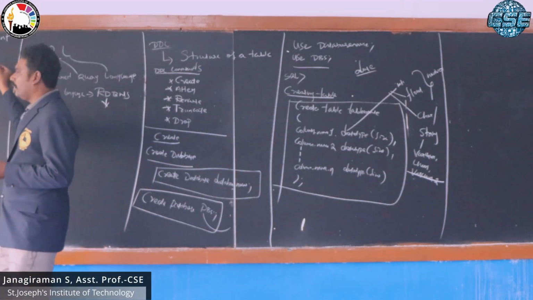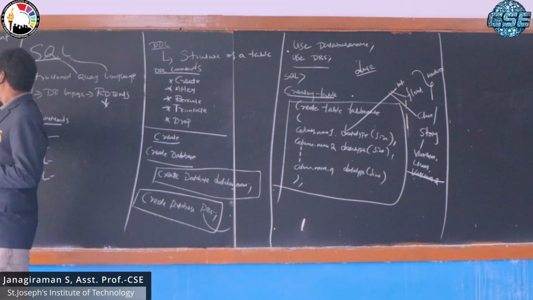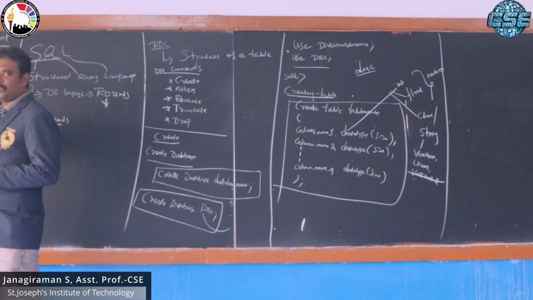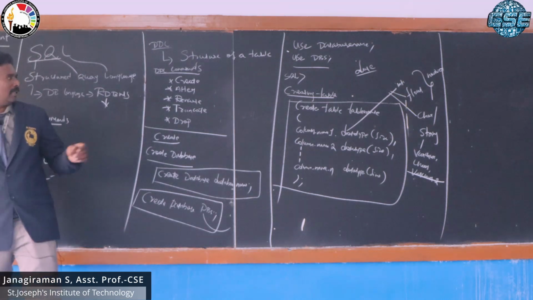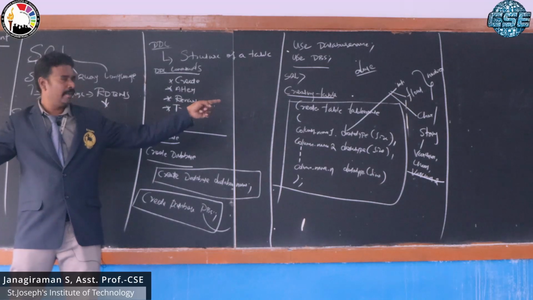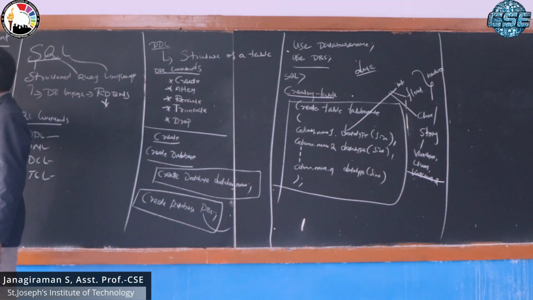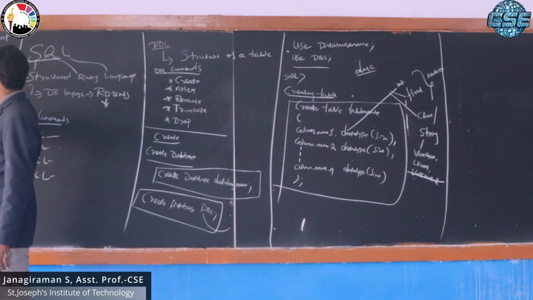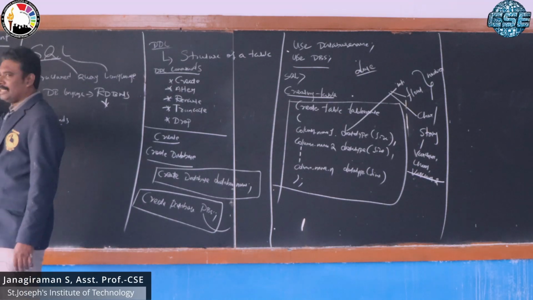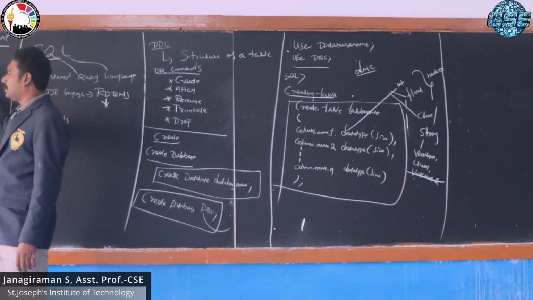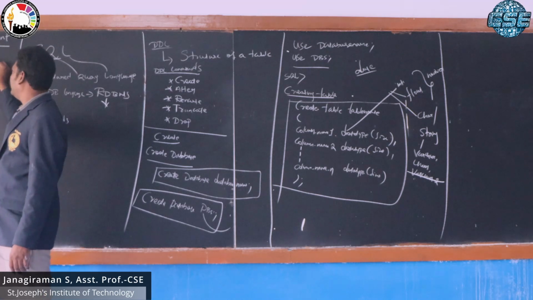So every table will have a table name. I am trying to create a student table. What syntax do you follow? Create table, table name. Create is a keyword, table is a keyword, and table name is the name of the table.